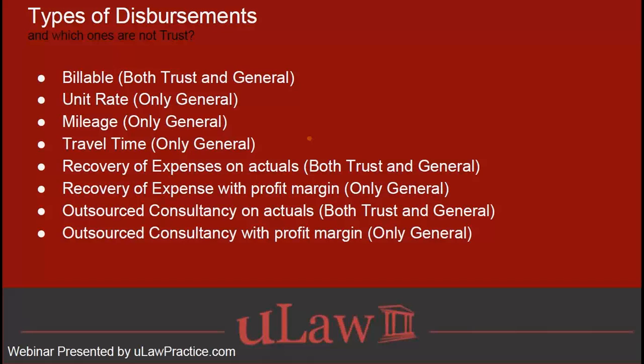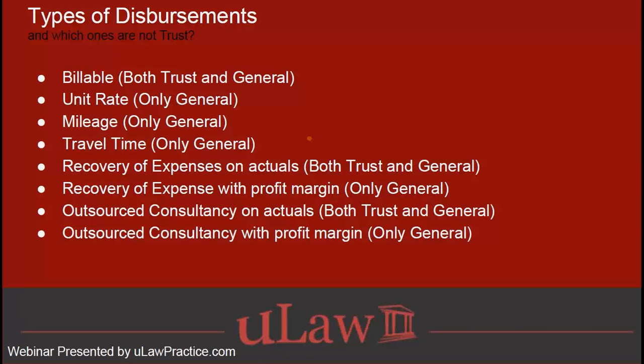Same thing applies to outsourced consultancy. So we briefly touched upon how you may want another legal practitioner to represent you in a court that you can't get to. So he or she from that law firm might then send you a bill. Let's say it's for $150. That's an expense on that matter.